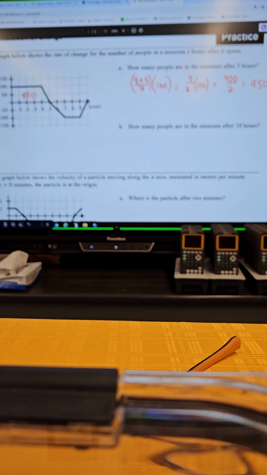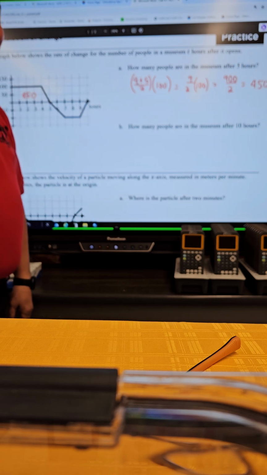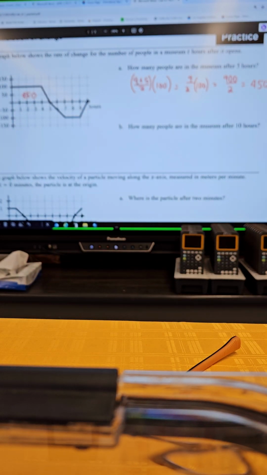Gracias. De nada. I can't, man. You like this topic? Accumulation of change, yeah, it's easy. That's why. I just got a full take. It's easy. This is all about area. Area under the curve.